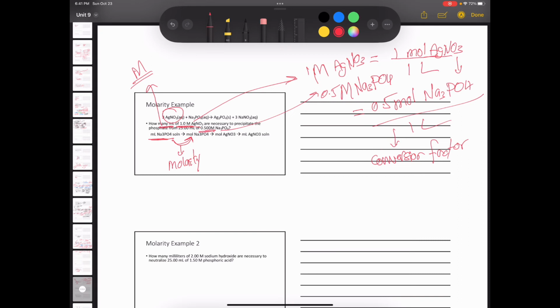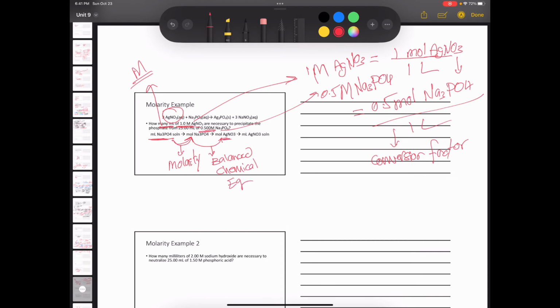Now I need to convert the moles of sodium phosphate into moles of silver nitrate. This will be coming from the balanced chemical equation.